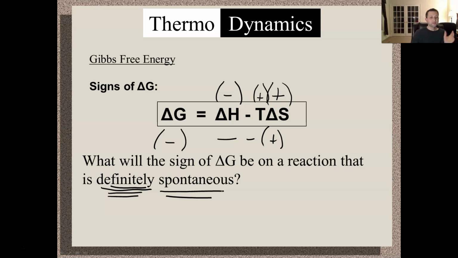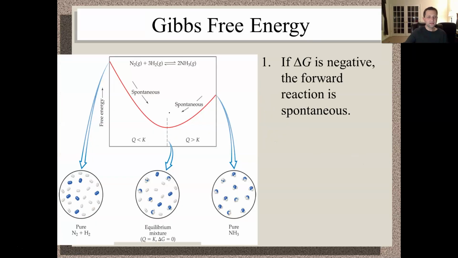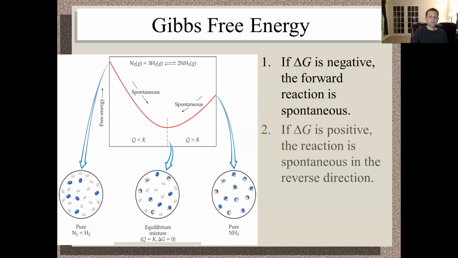All right. So delta G is negative for a spontaneous reaction. So if you know your delta H value, you know your delta S value, you can plug them in, of course, and your temperature, and whatever you get for delta G, if it's positive, it is not spontaneous. If it's negative, it is. Okay. So here are our three general rules. I kind of just summarized them for you.